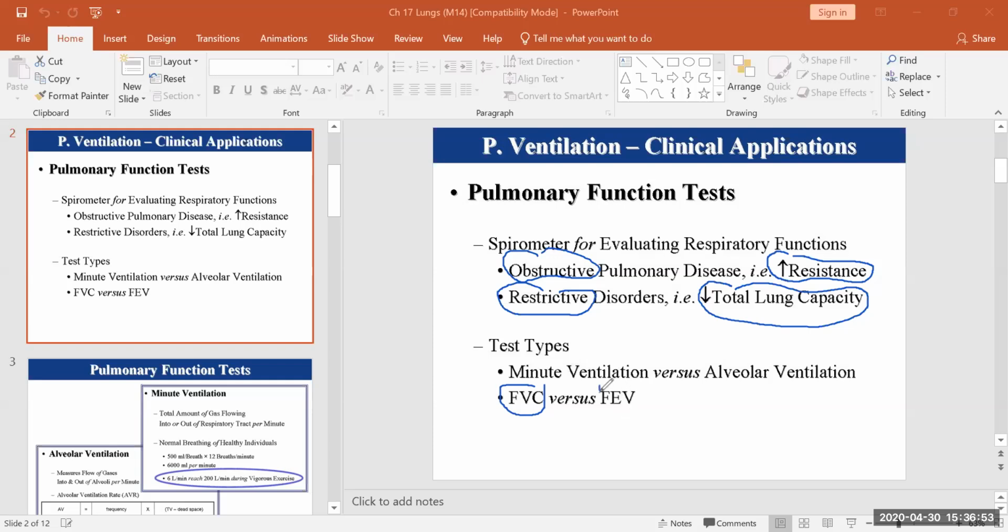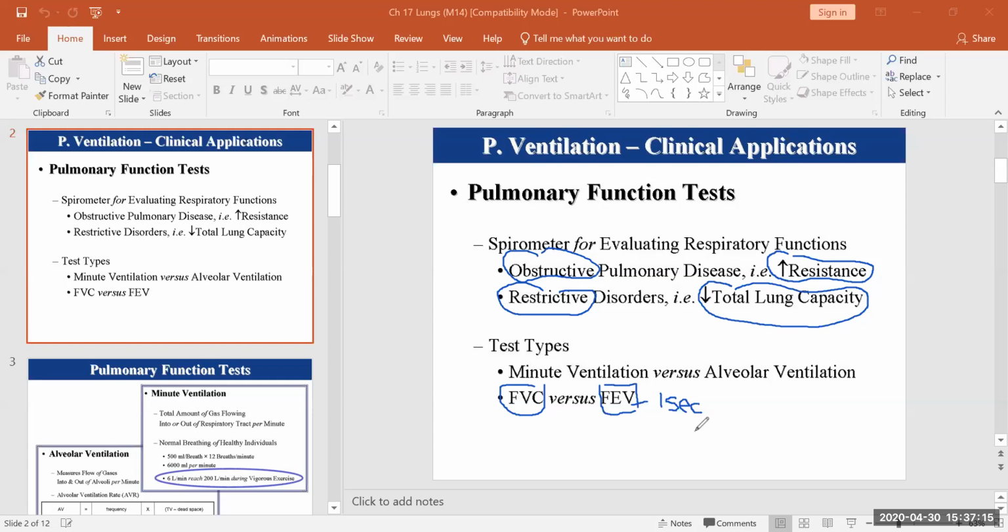For this forced expiratory volume, we ask the patient to breathe out forcefully, and we take the measurement at 1 second. So in other words, how much air can the patient breathe out during the first second?